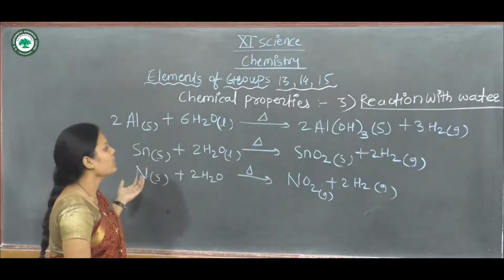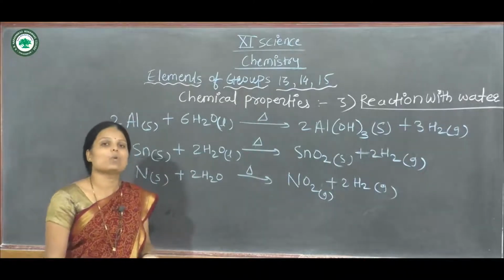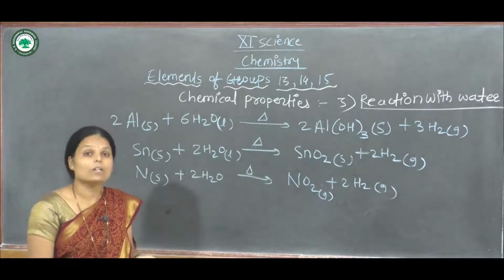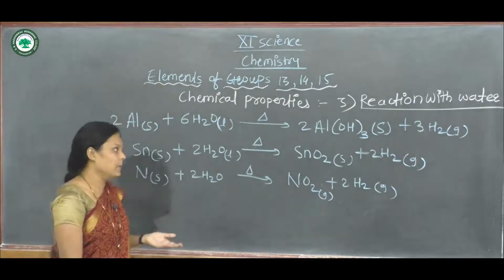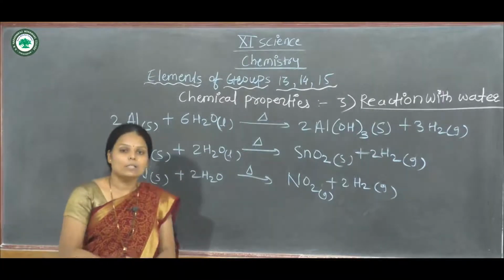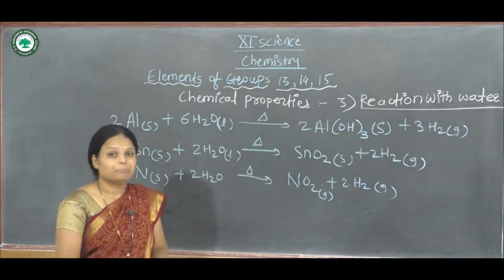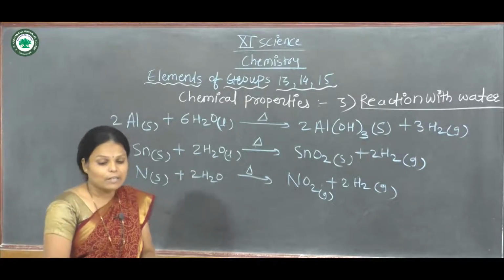So the first reaction of the third chemical property, reaction with water: water reacts with group 13, 14 and 15 elements. Now the second example is a group 14 element. We know that group 14 elements are carbon, silicon, tin, lead.